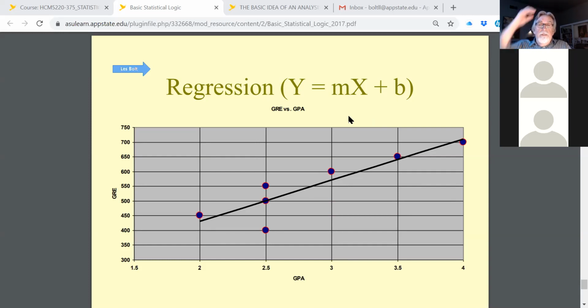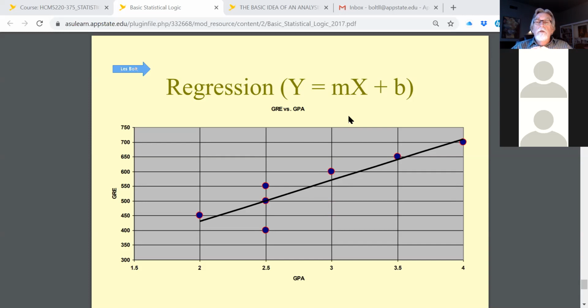If you're talking about the amount of exercise that you get and your average daily weight, you might be interested in a negative correlation, because as you increase your exercise, you would hope that your weight goes down.